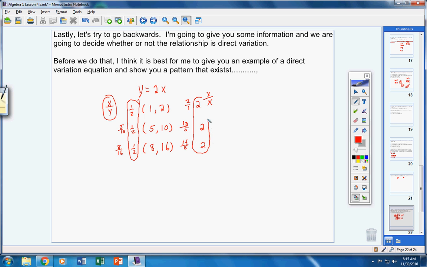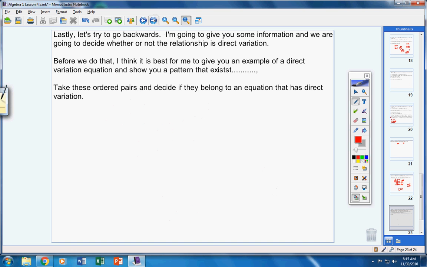Notice I got out 3 identical numbers. When that happens, you know that you have direct variation, so you can use this model, x over y, or you can use this model. You do not have to do both models. You can do one or the other. Okay? Now, moving on, let's apply this and we're finally finished.